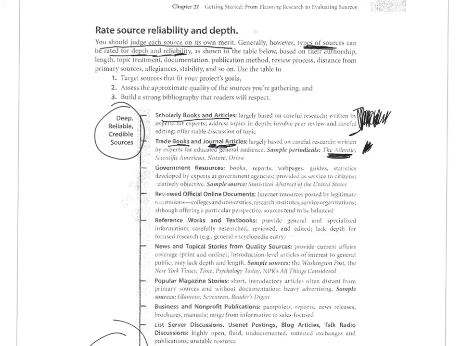I would say the other one that you'll probably come across a lot is this: news and topical stories from quality sources. So like a Washington Post, New York Times article, NPR, all of these things are considered quality sources, but because of the depth of maybe some of these news stories, they may not be the best sources because they might be fairly short and just scratch the surface.